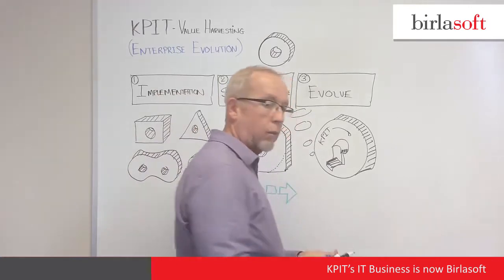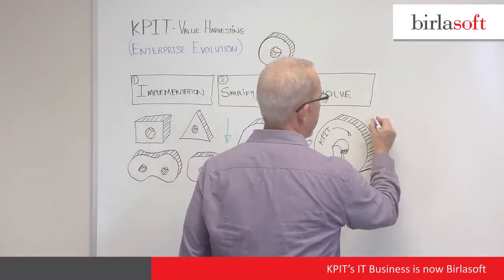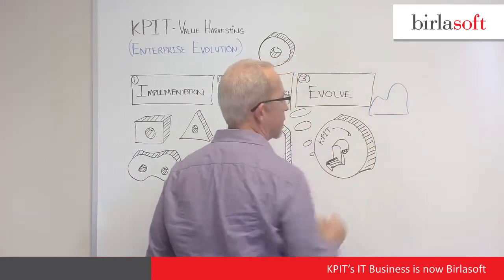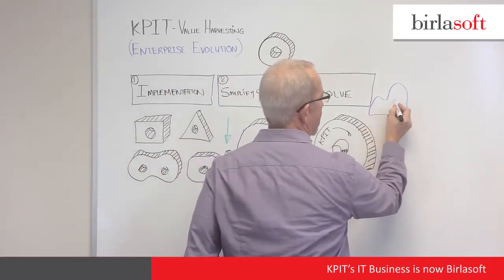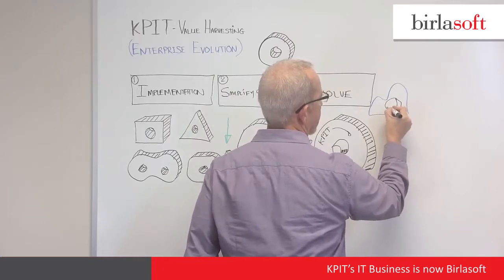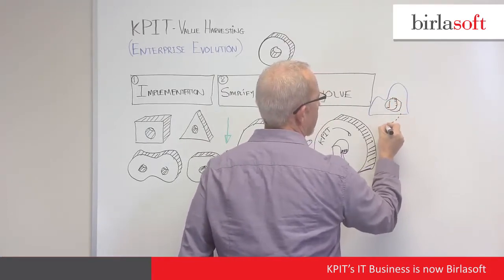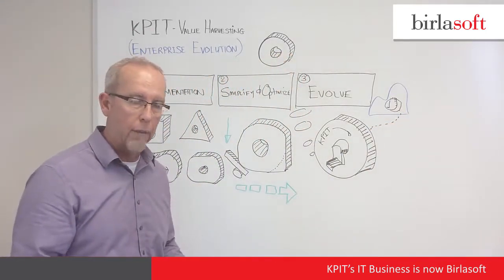Now, one of the things that we will also do as we move forward, as part of our evolution process, we may in fact find that we need to add some additional services, possibly cloud-based, and we'll certainly have some KPIs that we'll need to monitor. We'll add KPIs into the mix so that we can see how well we're doing over time, and we'll create the ability to monitor our performance and our improvements over time.